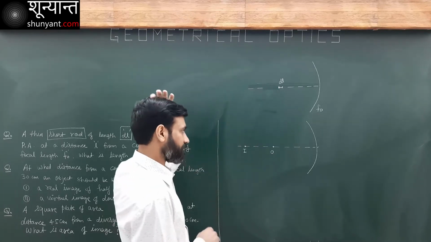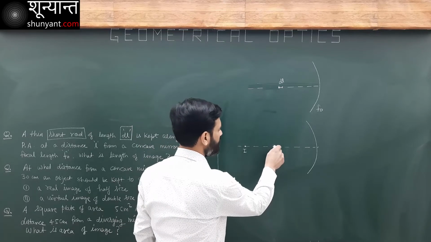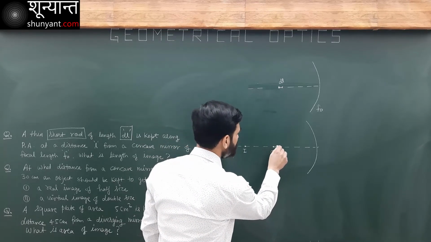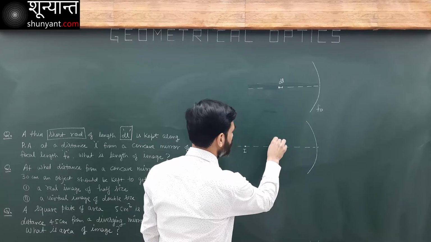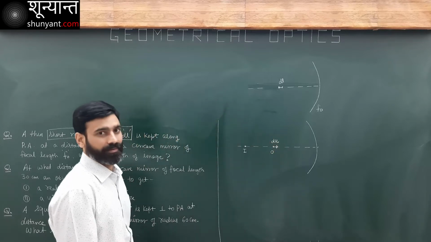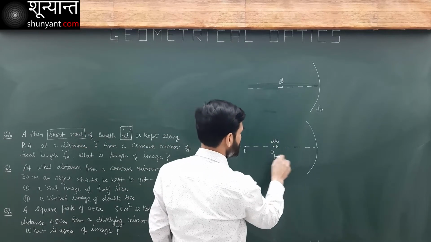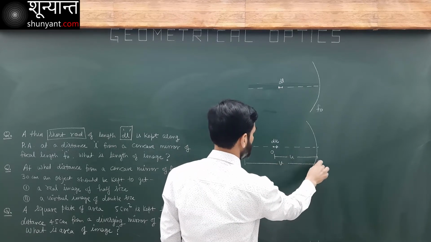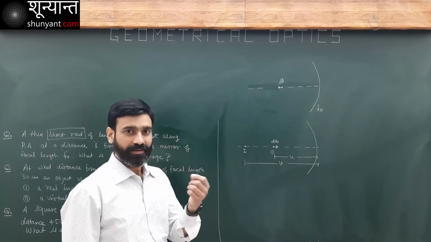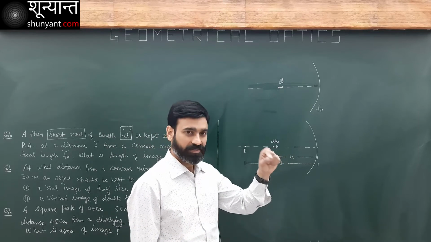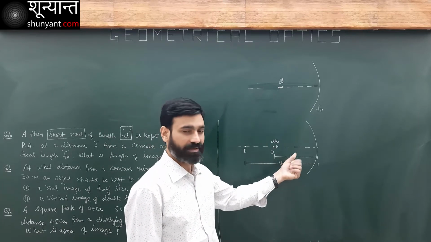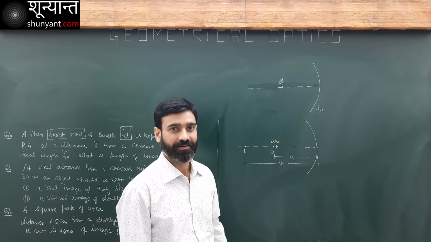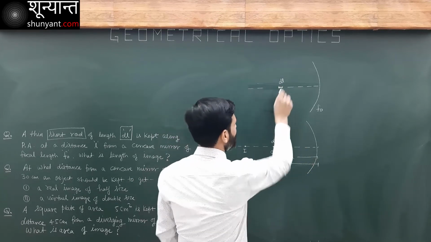It's like this. My object, if I shift it by a small distance du, the object is kept at a distance of u, and the image is formed at a distance of v. If I make a small change in object distance, it is the same as shifting it. It will be the same as this rod.